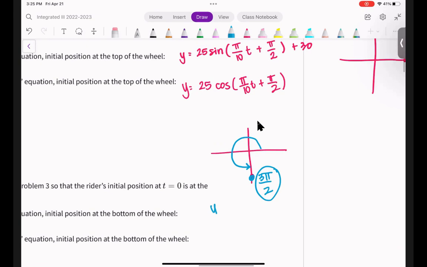So I get y equals, Ms. Johnson, nothing happens to the 25? No. Nothing happens to sine? No. Pi over 10, Ms. Johnson, does anything happen there? No. The only thing that changes is this 3 pi over 2. Ms. Johnson, is it because now you're saying that the starting point is at 3 pi over 2? And I'm like, yeah. Right?